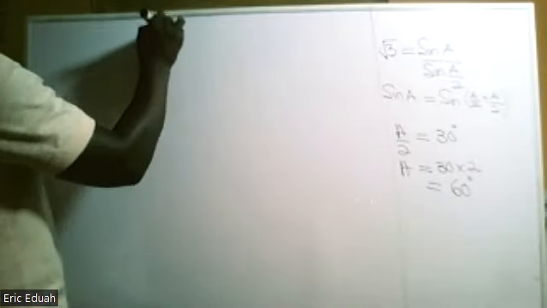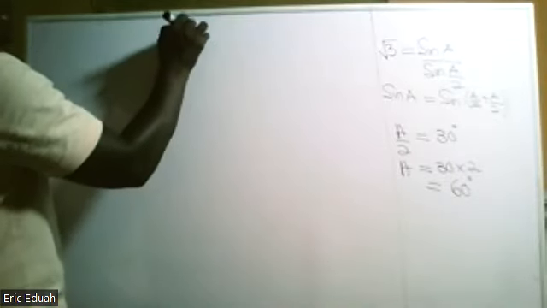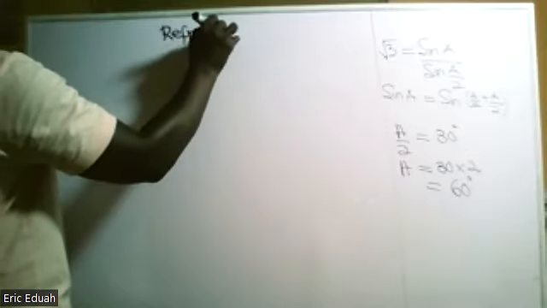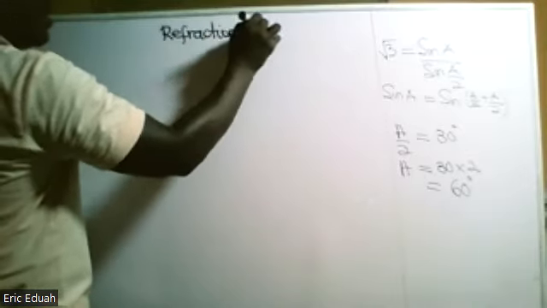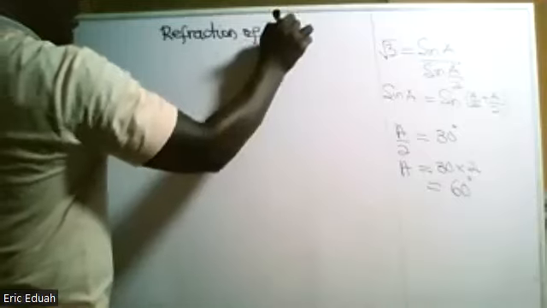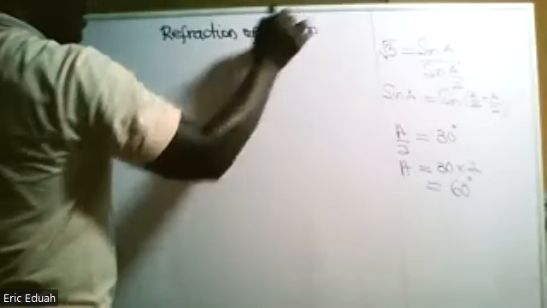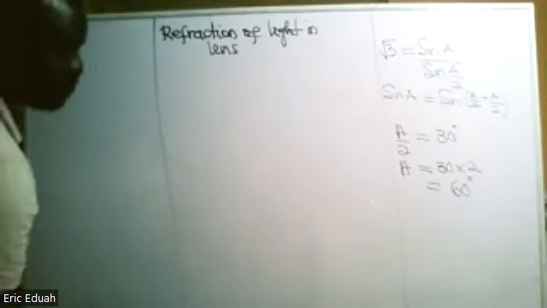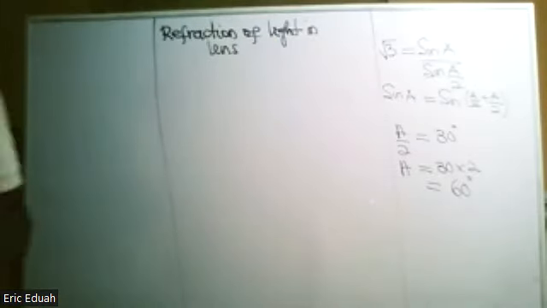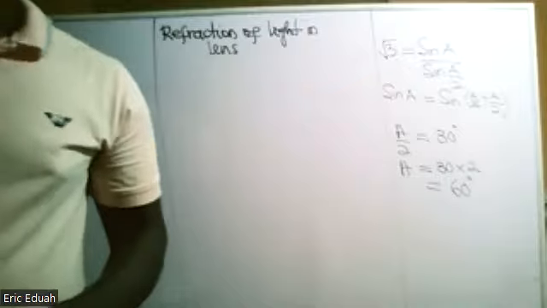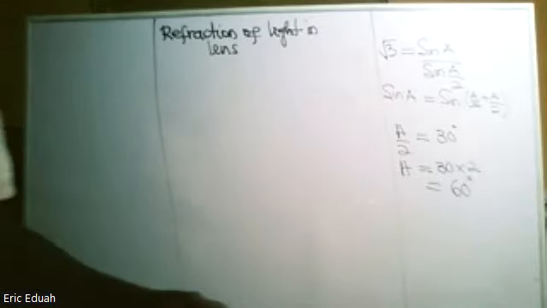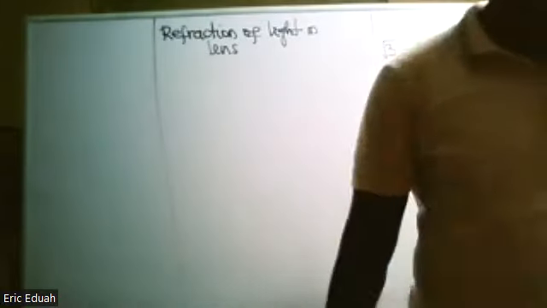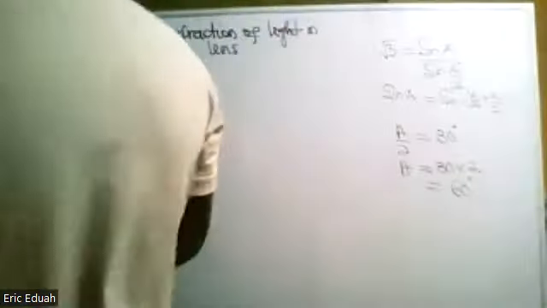So, refraction of light in lenses. A lens is an optical device that refracts the path of light.